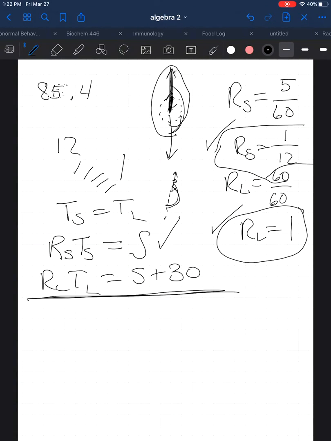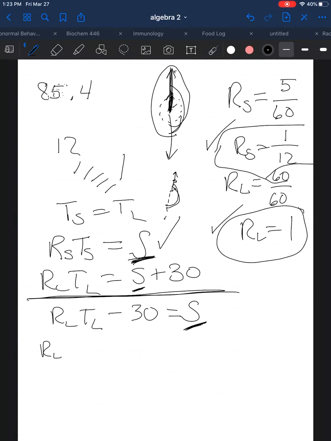All right, so now I'm going to solve this for S. So S equals RL TL minus 30, right? Well, that's S, but this is also S. So if they're both solved for S, we can set them equal to each other.